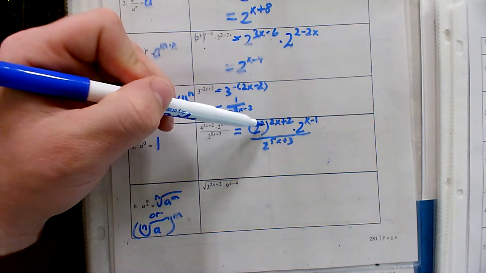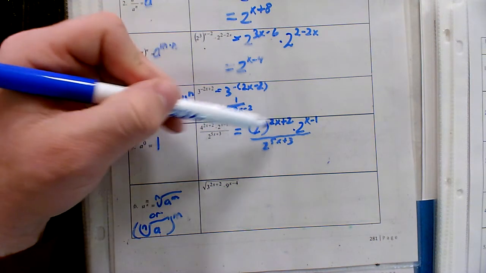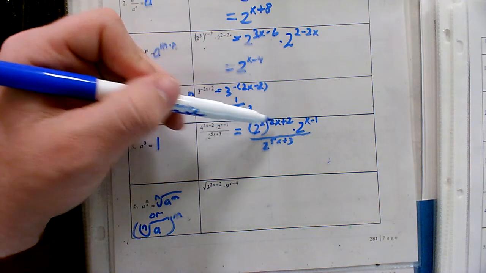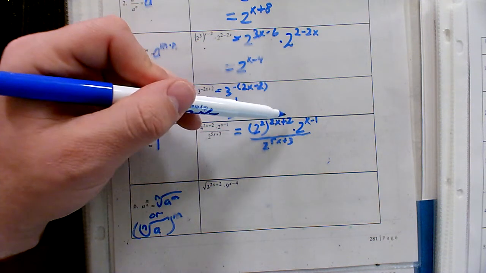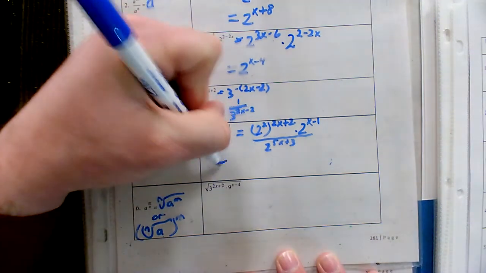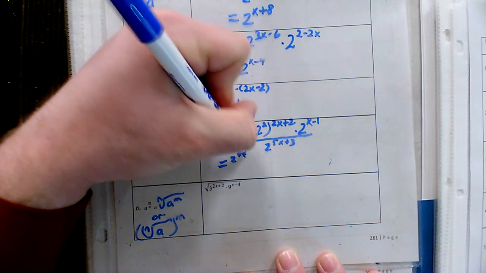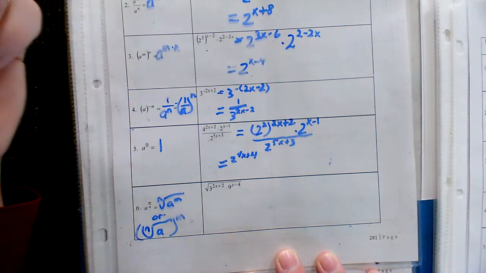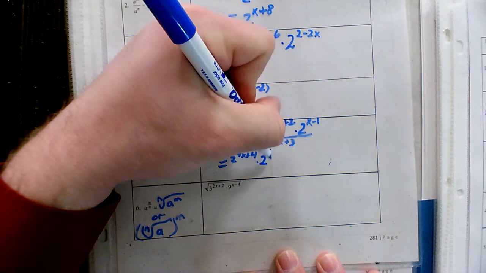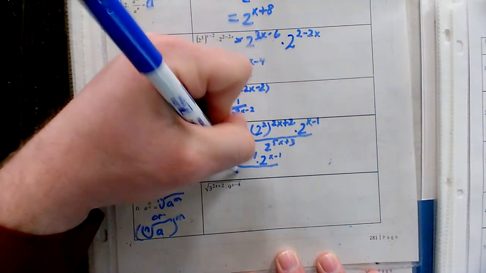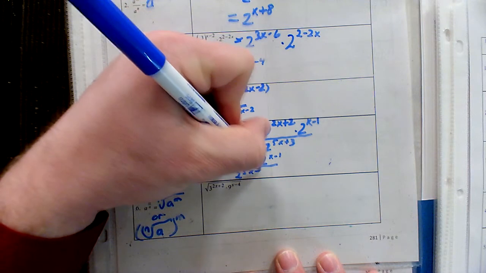Well, first we have a power to a power, so we need to take care of that first. This 2 can be multiplied by the 2x, the 2 can be multiplied by the 2. So we get 2 to the 4x plus 4 times 2 to the x minus 1 all over 2 to the 5x plus 3.